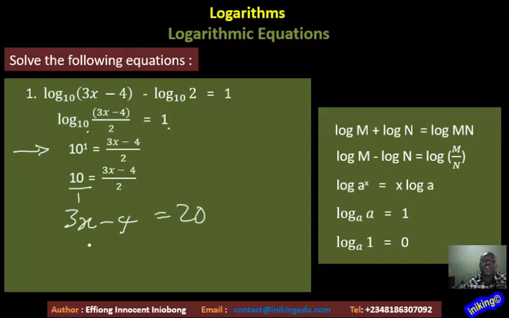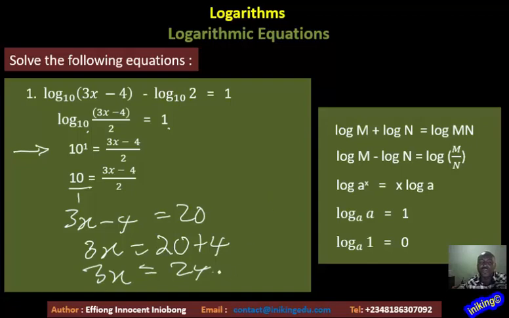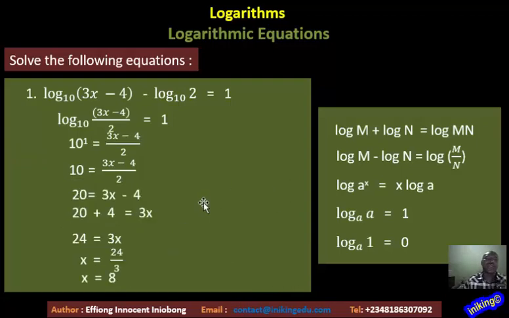Rearranging these, I have 3x is equal to 20 plus 4, which is 24. So I have 3x equals 24, and of course we can solve from here that x is equal to 24 divided by 3, and that will give us 8. And that's it there. So we have been able to go through the first one.